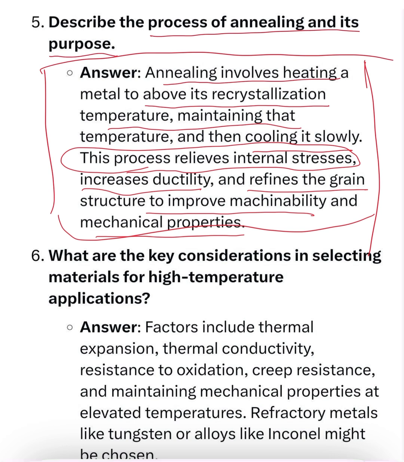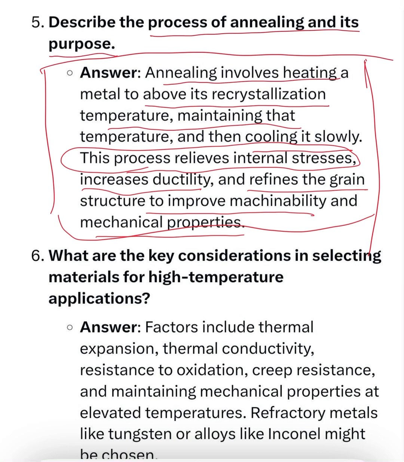Recently I posted one informative post on our LinkedIn page where we described the different types of annealing. For example, we have full annealing, diffusion annealing, recrystallization annealing, process annealing, and stress relieving.